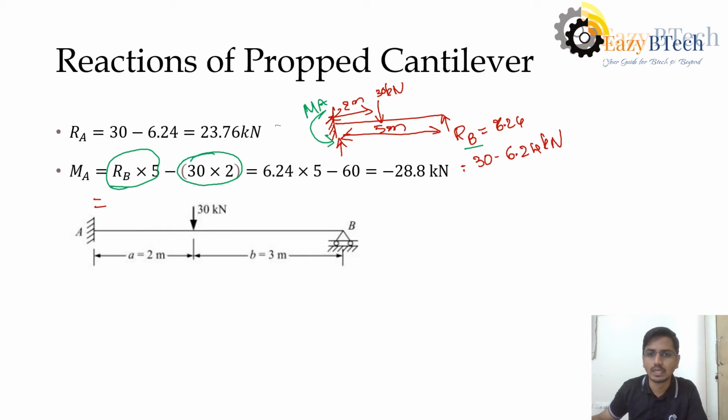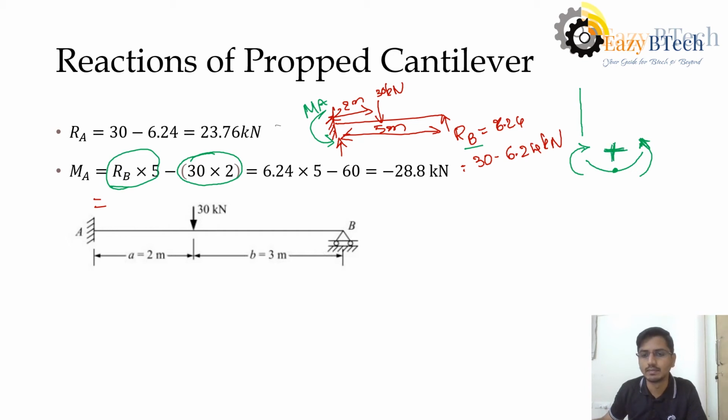Now, since it is acting in anti-clockwise, whenever we are taking moments, remember that we need to follow this approach. You are standing at the center here, and you are trying to see if the moment is coming in the anti-clockwise direction from the right side, and if you are taking moment from the left side, it is coming in clockwise direction, then you need to take this positive.